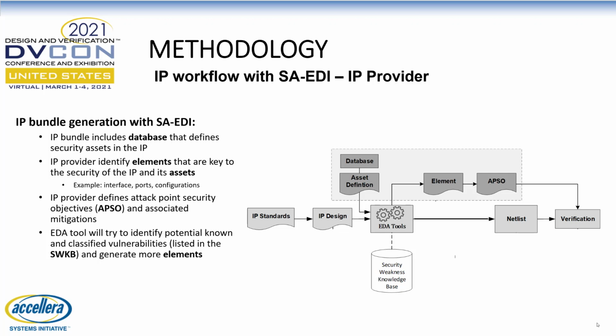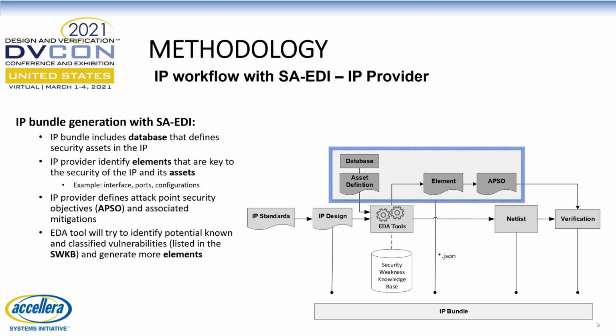First, a database that lists the assets of the IP. Next, elements that may influence the security of the IP and the assets, such as interface configurations. The attack point security objective and associated mitigation. And then some other elements that may be generated automatically. The RTL, the backend scripts, the netlist, the verification collaterals, and the SA-EDI collaterals get bundled together.